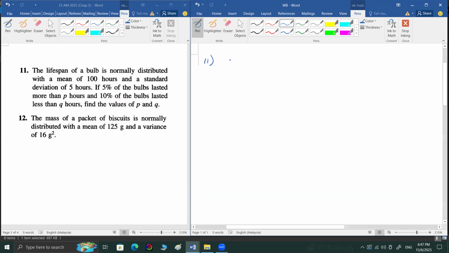First of all, the mean given is 100, the standard deviation is 5. You are asked to find P such that 5% of the bulbs lasted more than P.